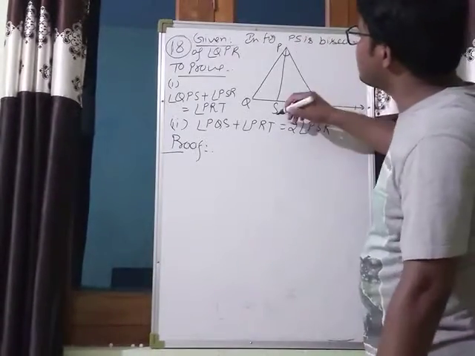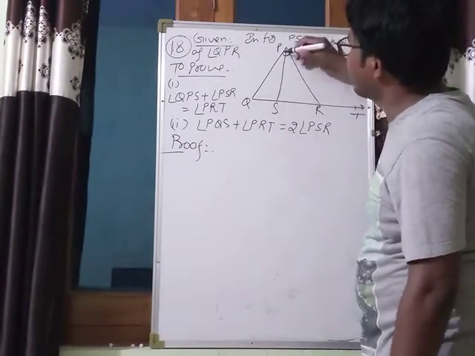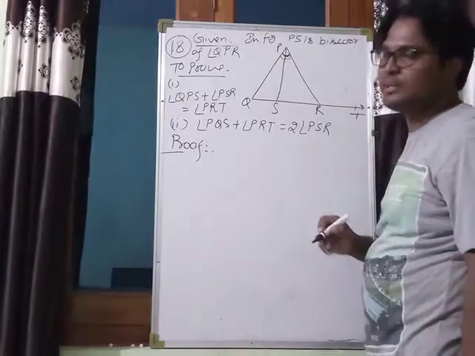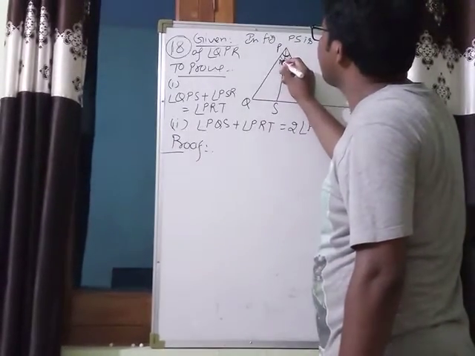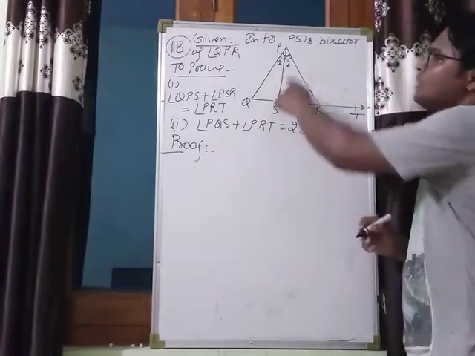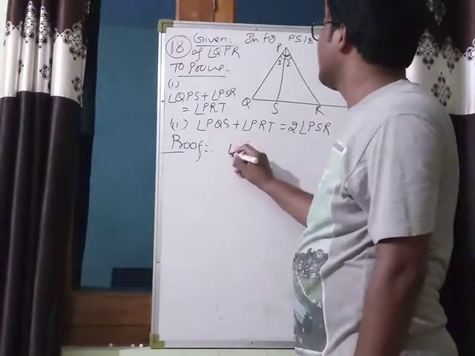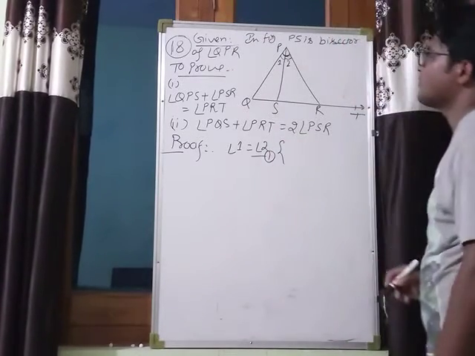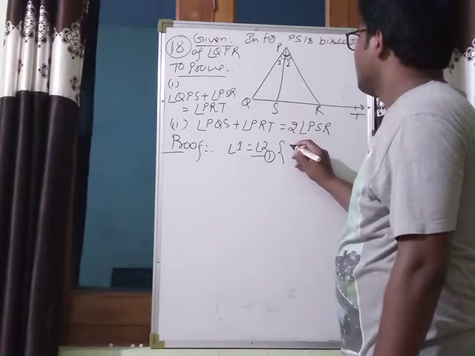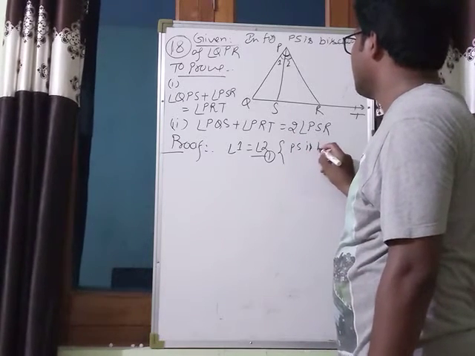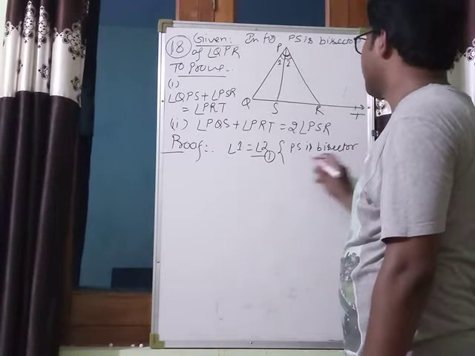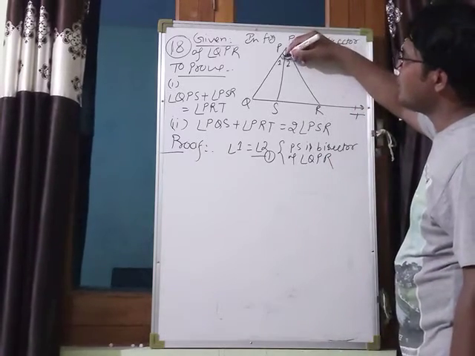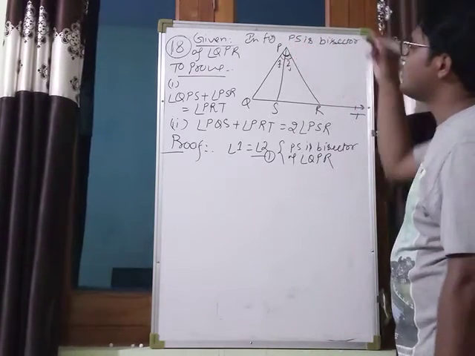See, it is given that PS is bisector of angle QPR. Bisector means if this is 60 degrees, then divide it into 2 parts of 30 and 30. Means if we take this as angle 1 and this as angle 2, then angle 1 and angle 2 are both equal. Angle 1 is equal to angle 2. Why? Because PS is bisector of angle QPR. Okay, so angle 1 and angle 2, these two angles are equal to each other.